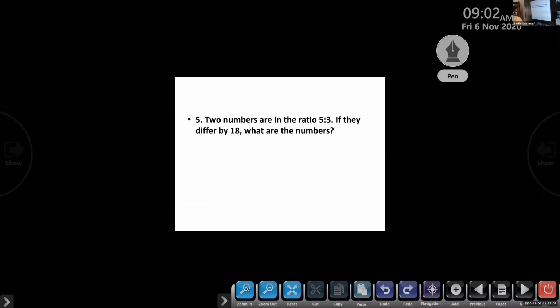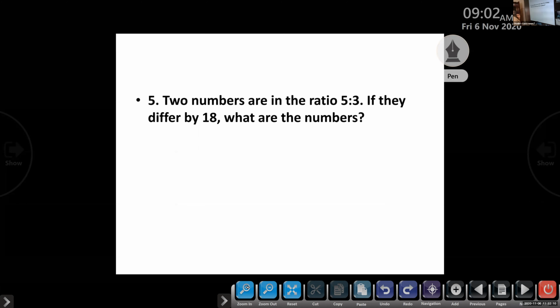Question number 5. Two numbers are in the ratio 5:3. If they differ by 18, what are the numbers?